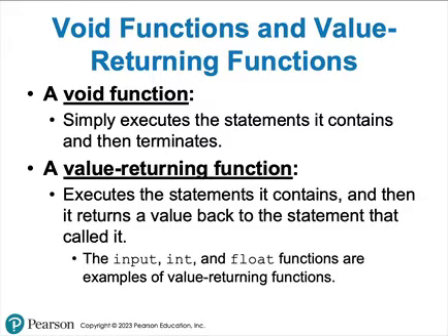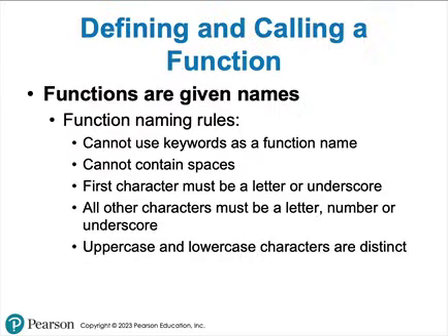And we'll see examples of this in a moment. And it can actually return multiple values if you need to. So no values, one value, or multiple values are things that you might return from a function.